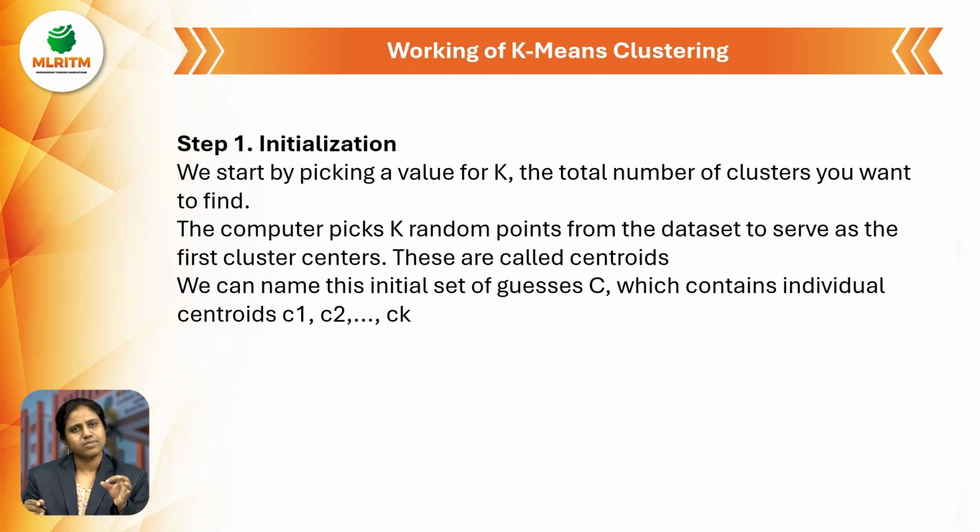Now I'll explain the initialization phase. So here the first major step is to pick the value of k. If it is based on 10 items or 15 items or 30 items, based on that we are going to choose a value. If it is 10 items, I have selected the value of k equal to 2. After taking the k value, now we have to pick k random points. Like which data points you want.